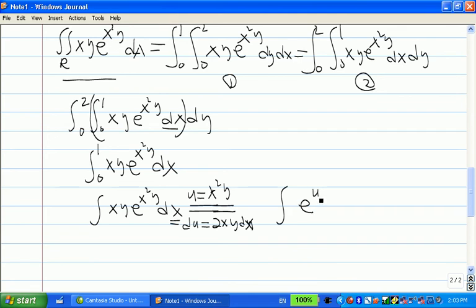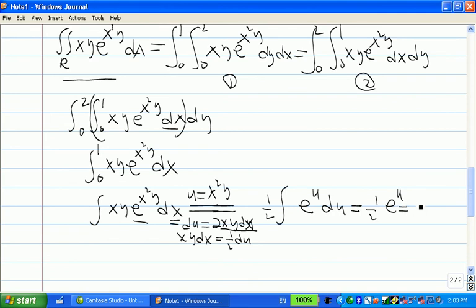What's left is xy dx. Look at that. xy dx gives you 1/2 du. So I replace what's left, which is xy dx, by 1/2 du. I got an integral about u. It's very easy to integrate. It simply gives you 1/2 e to the u.